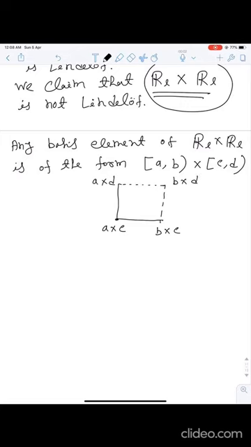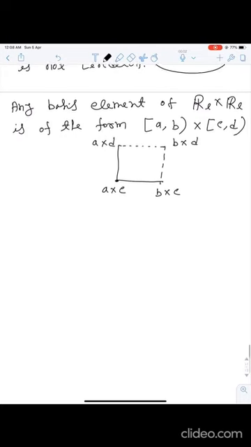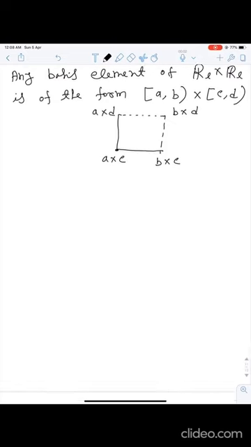This part is open and this part is closed. Now this is my plane.